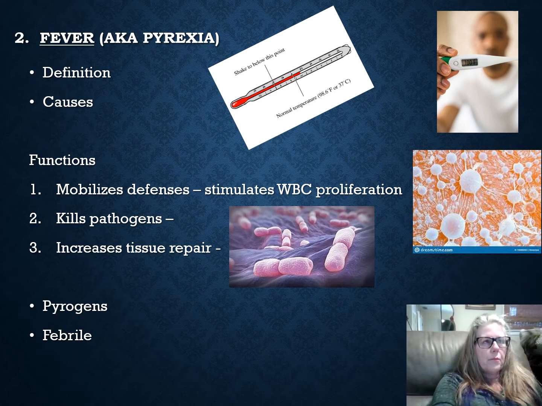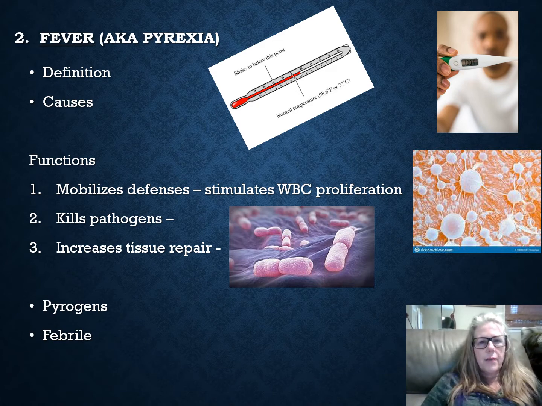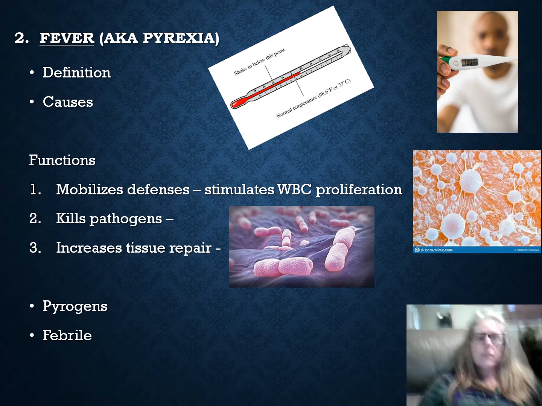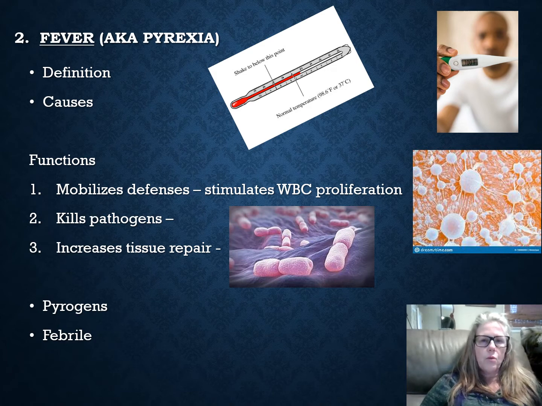Now, pathogens like bacteria and viruses, certain parasites, they all have an optimum temperature. They have evolved to have an overlap of an optimum temperature as far as humans have. Now, if our body can increase our temperature to a point where we exceed the optimum temperature for the pathogen, we can kill that pathogen.